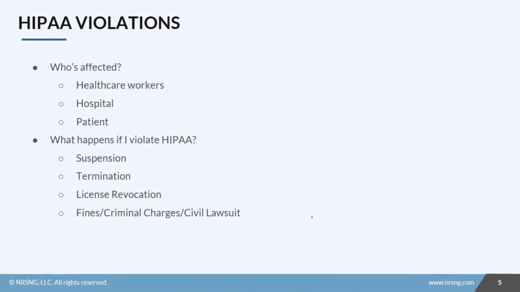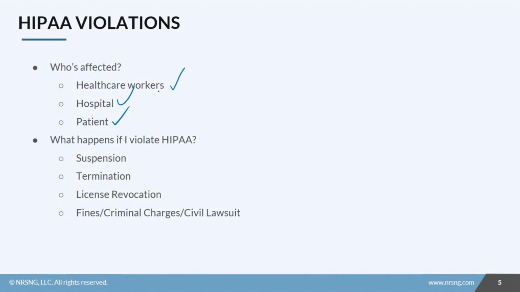So, speaking of HIPAA violations, let's look at them. So we want to look at who's affected. Obviously, when there's a HIPAA violation, the patient is affected. But another thing to consider is that the hospital is affected, and all the healthcare workers that were involved with the violation are also affected.